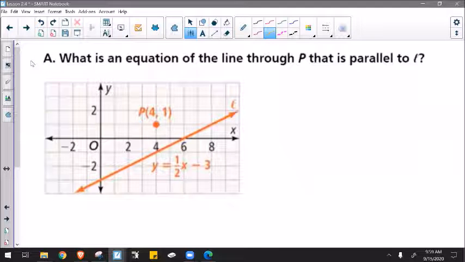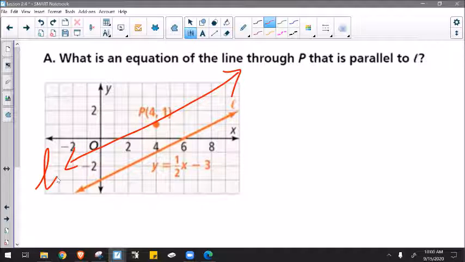What is an equation of the line through P that is parallel to L? Well, we know parallel lines need to have the same slope. So our line's going to look something like that. What should the slope of our new line be? 1/2.